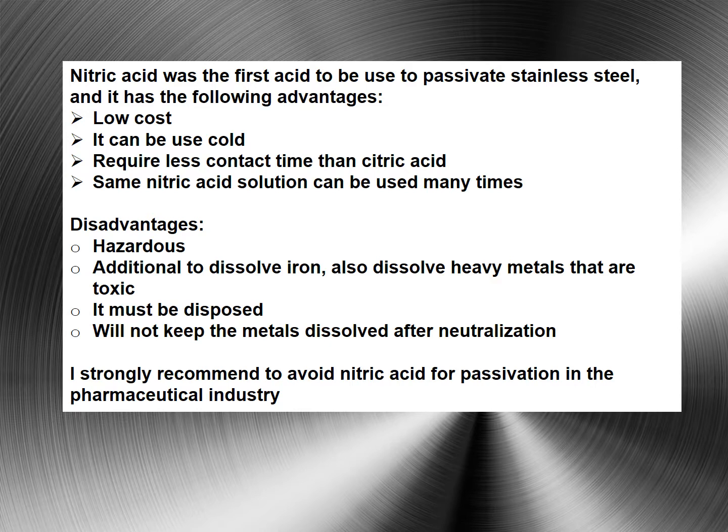Additionally, to dissolve iron, it also dissolves heavy metals that are toxic. It must be disposed of, as it will not keep the metals dissolved after neutralization. I strongly recommend avoiding nitric acid for passivation in the pharmaceutical industry because of the toxic compounds that will dissolve.